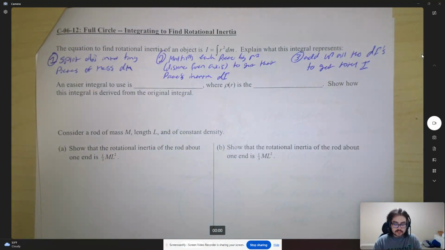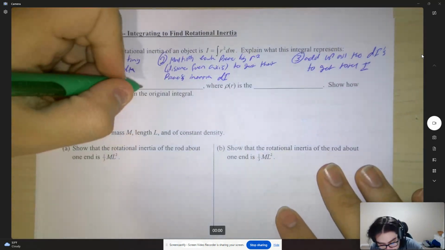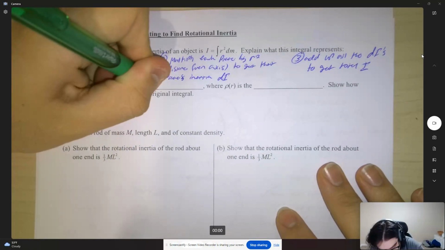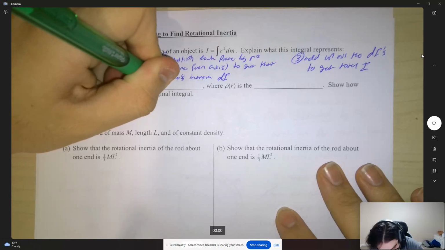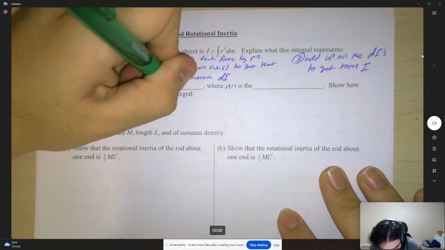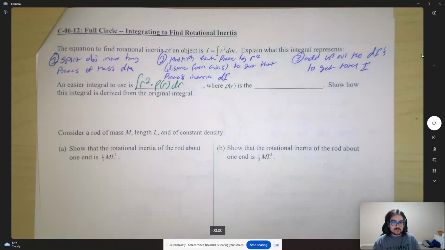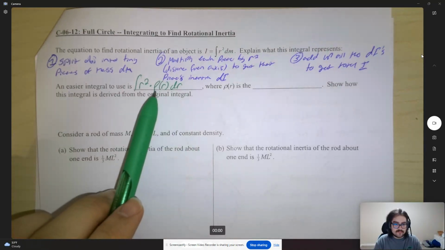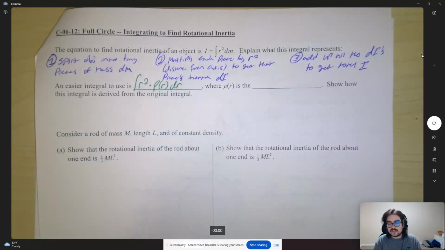Now that's one integral that you can use, but I'm actually going to show you an easier integral to use because it's just way easier. It's the integral of r squared times the linear density of the object, dr. This is easier because a lot of times you will have to go through this one first before you can actually solve the problem.